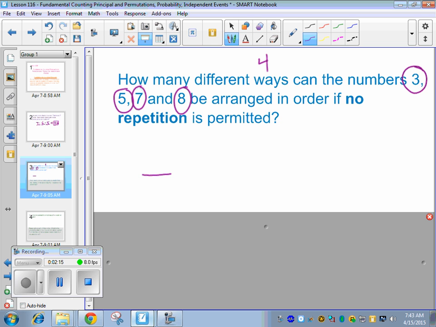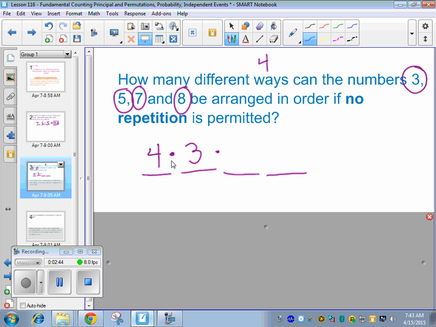So I have 4 spaces, just like the last problem. There are 4 different numbers. How many choices do I have for the first spot? 4. Maybe we're doing a lock, like some code, and these are the different ways we can put the numbers in those 4 places. Once one is placed, how many choices do we have left? 3.